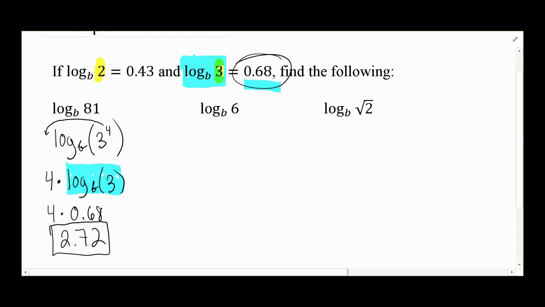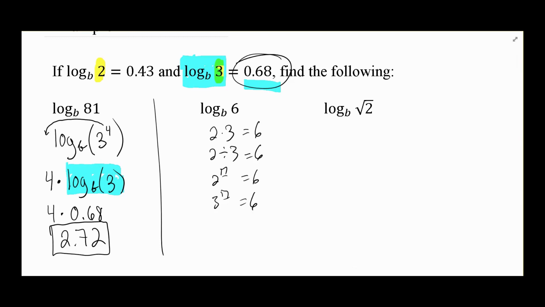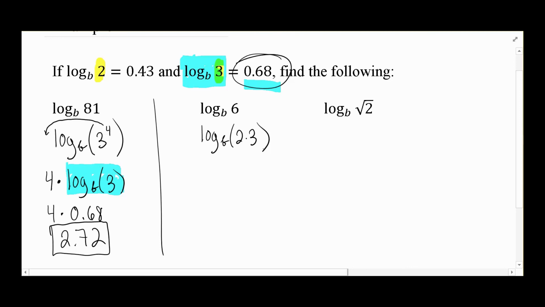So as I look at my second example, I again want to say, is it 2 times 3, 2 divided by 3, 2 to a power, or 3 to a power to get 6? And hopefully it's clear that, yeah, the 2 times 3 works really well here. So I'm going to start off by rewriting this as 2 times 3. Now again, I can't do a substitution yet because I don't have log base b of 2 and I don't have log base b of 3.